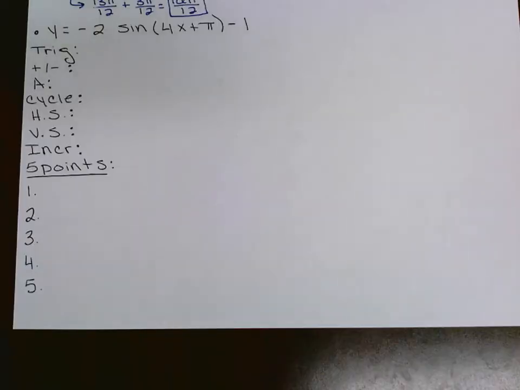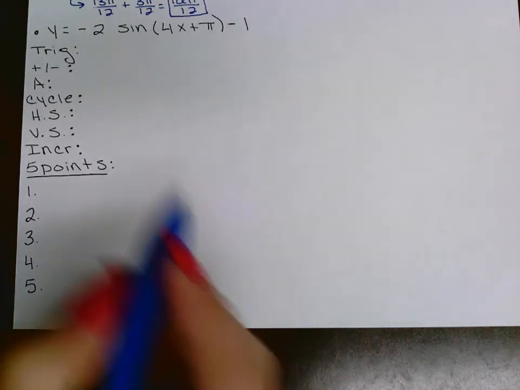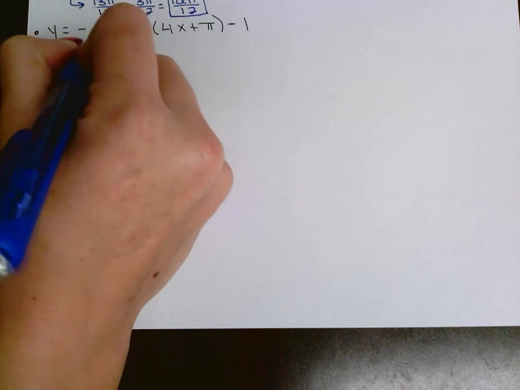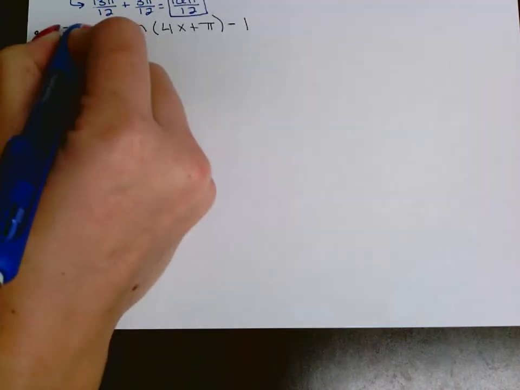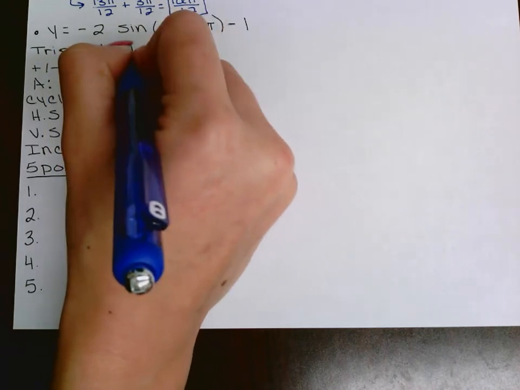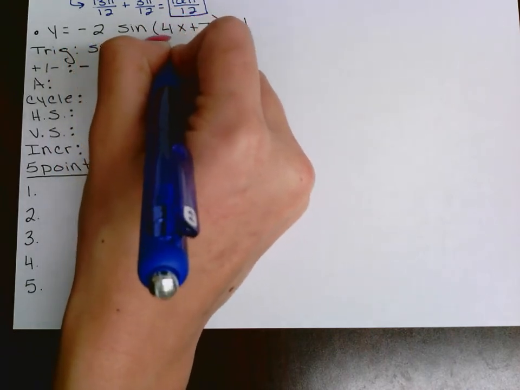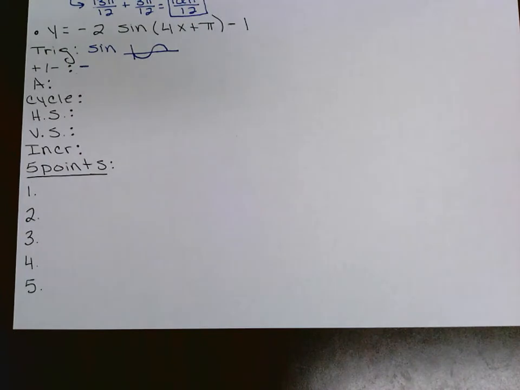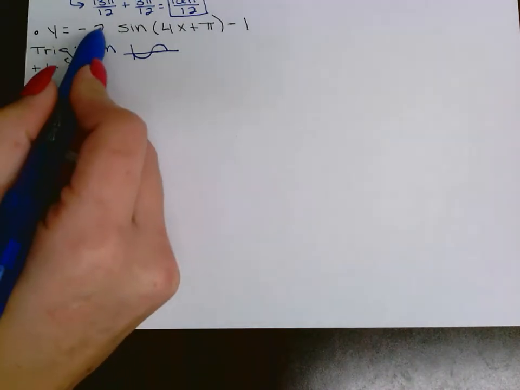All right, so let's do the second example and then we'll be done for this video. So which trig function do you see here? Another sine. And I do see a negative, so that means when I draw this, I am going to go under, then over. Okay? My amplitude is 2.